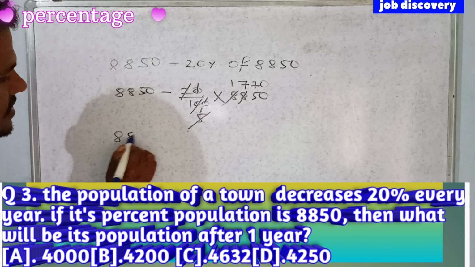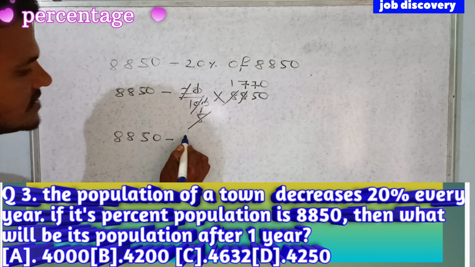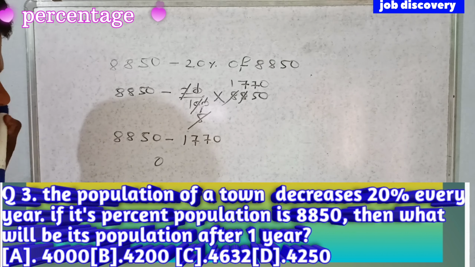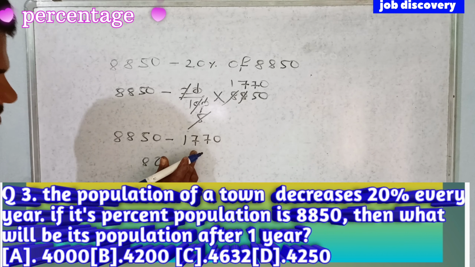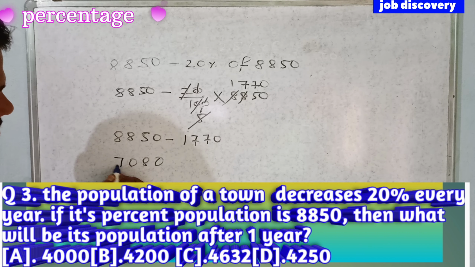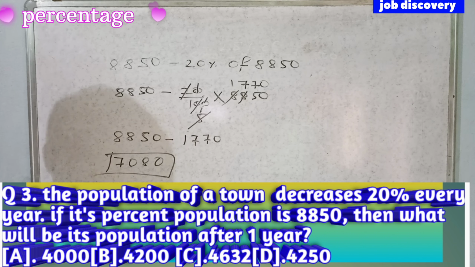So 8,850 minus 1770. So our answer is 7,080.